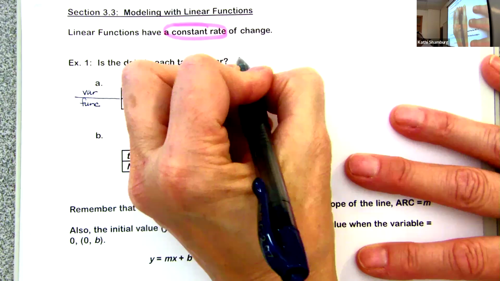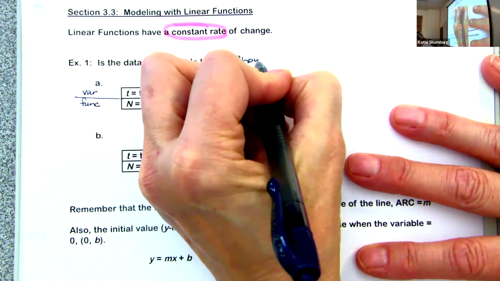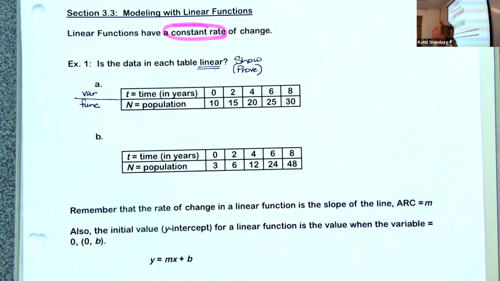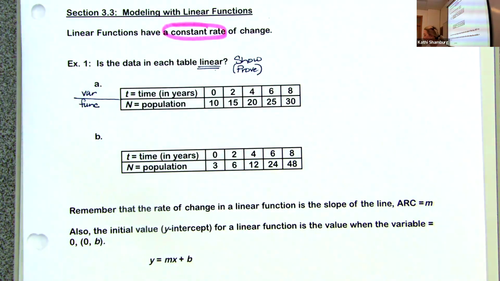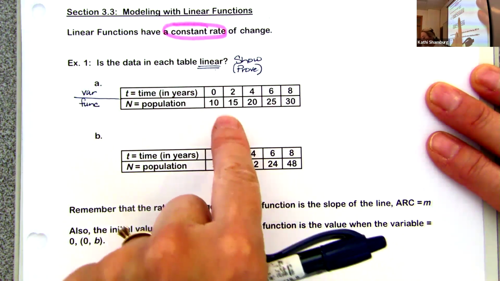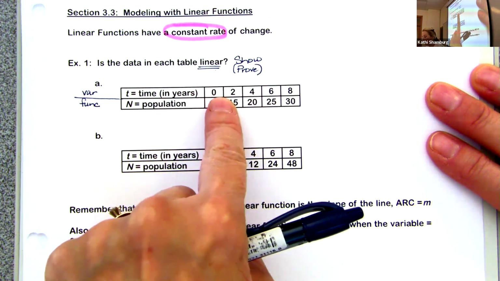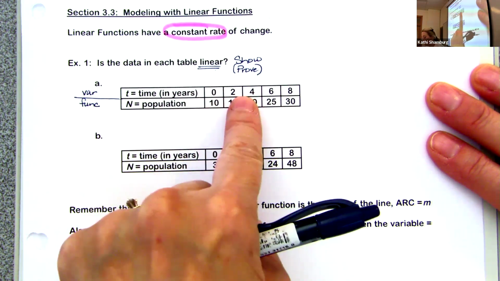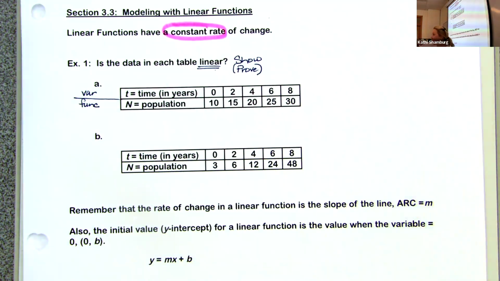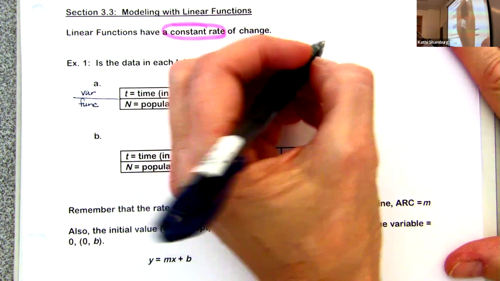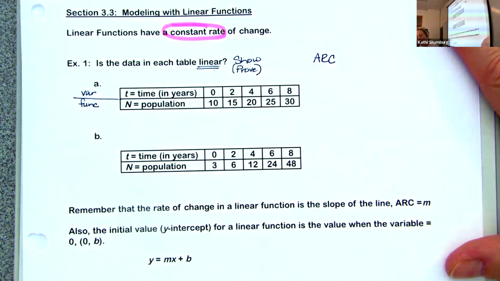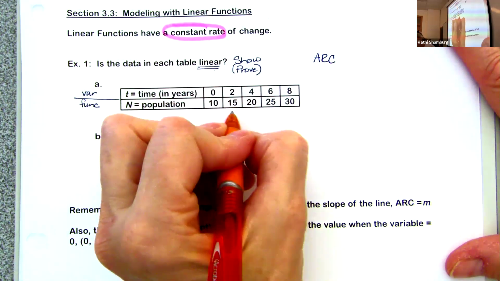So if I asked you to prove or figure out if it has a linear correlation or a constant rate of change, I'm not going to require that you find the average rate of change 1, 2, 3, 4 times, okay? So I'll only require 2. So when you're asked, pull the first 2.